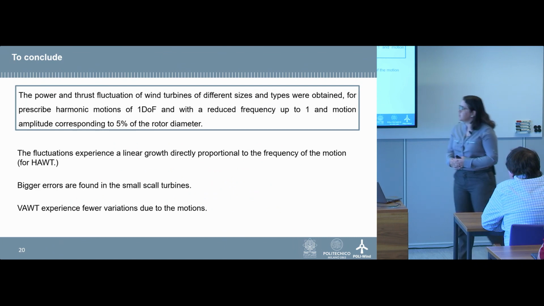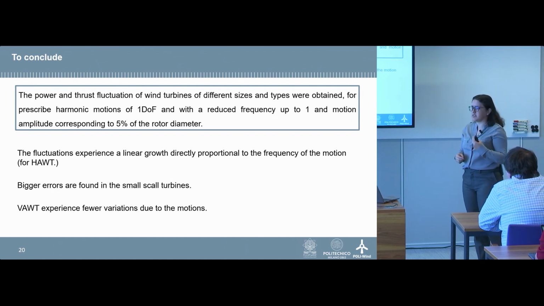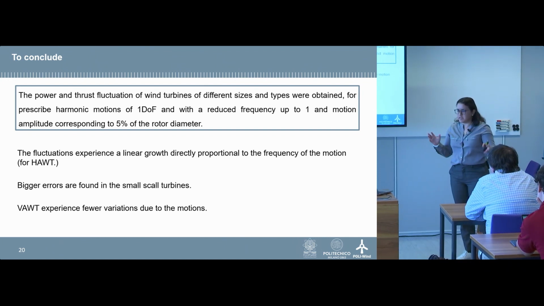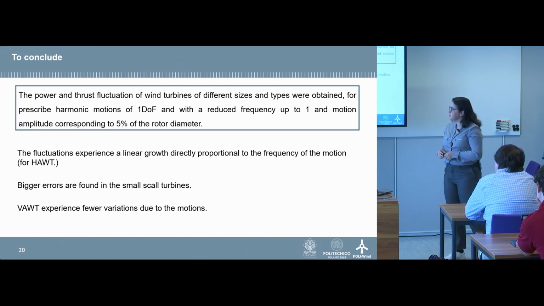So to conclude, the power and thrust fluctuation of the wind turbines of different sizes and types were obtained for prescribed harmonic motions of 1 degree of freedom with a reduced frequency of up to 1, so a range between 0 and 1, and a motion amplitude corresponding to 5% of diameter.